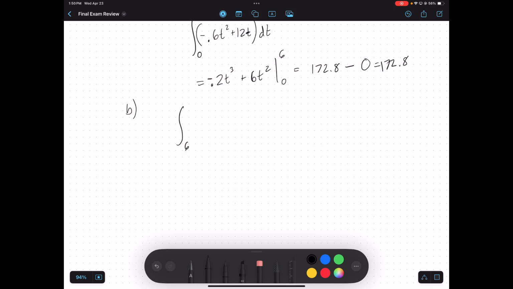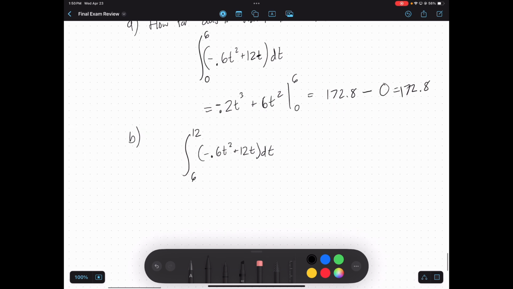We okay with that? So start right at 6, and now I'm integrating from 6 to 12. It's the same reason that for the last one we didn't start at 1, we started at 0. And what's nice about this one is the same antiderivative. It's just new numbers that you're plugging in.